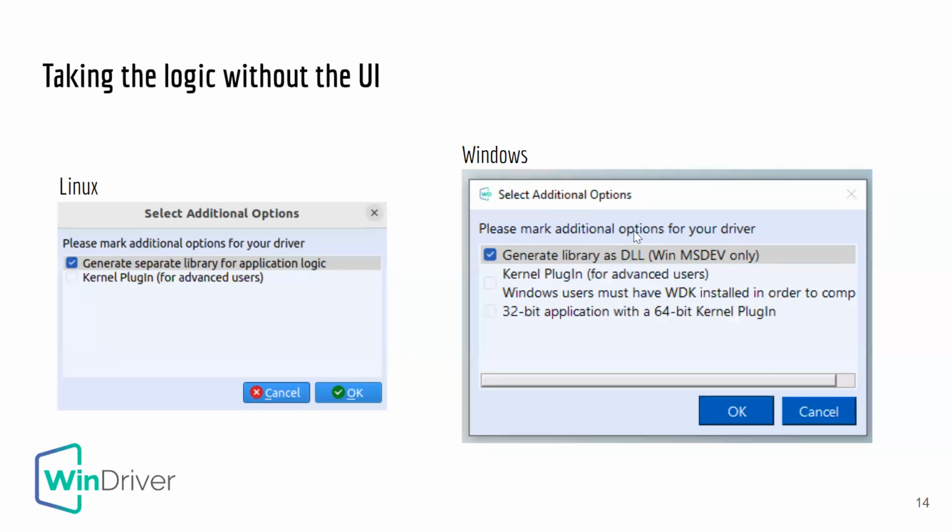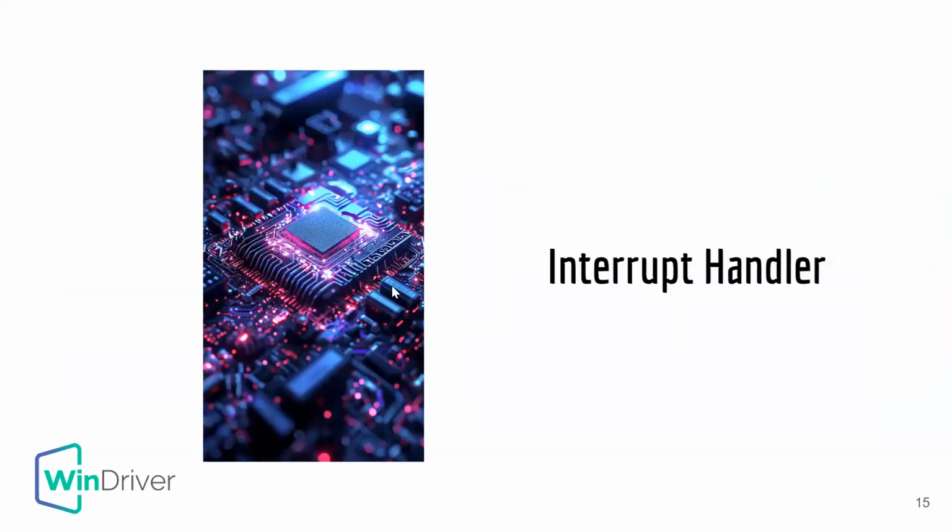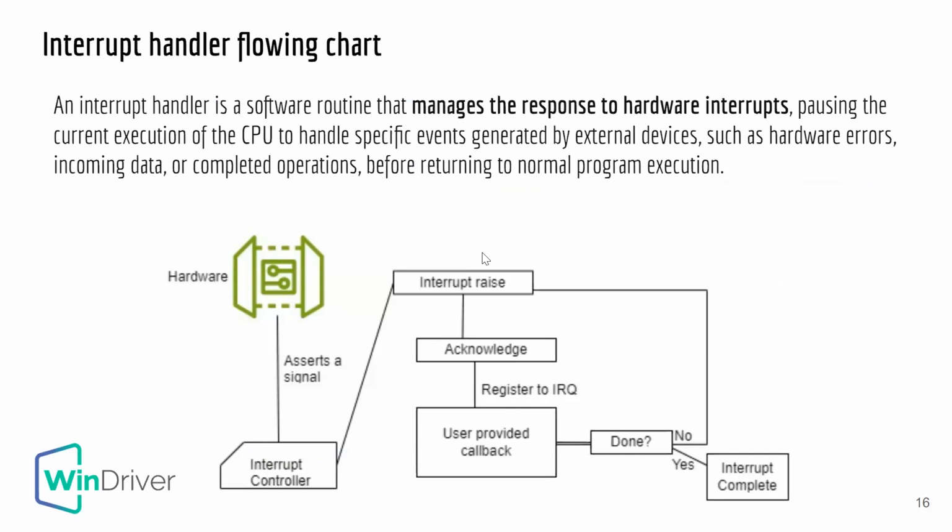On Windows, it's a DLL file, and on Linux, it's a .a file, okay? Then you can implement the logic on your user application. Now let's talk about the interrupt handler. We will see everything, where you can find the PCI diag and how to open the file in the live demo. Don't worry.